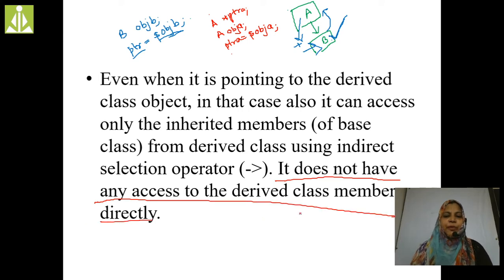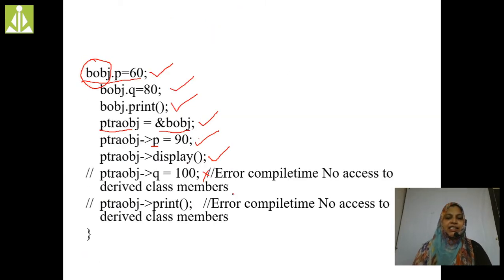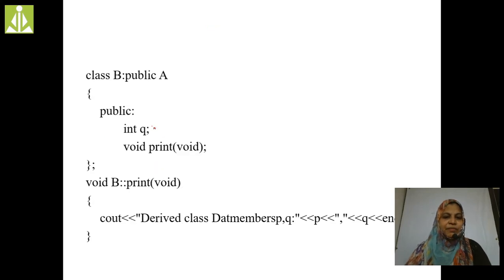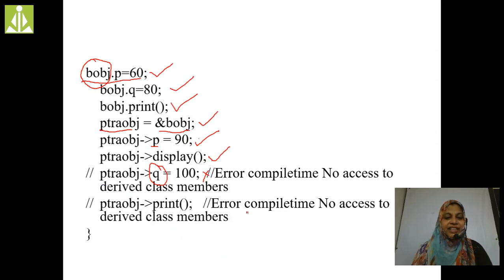By using this pointer variable we can't access the derived class members directly. What is this q? Q is the derived class member of class B, so we can't directly access the derived class member by using the pointer, right?